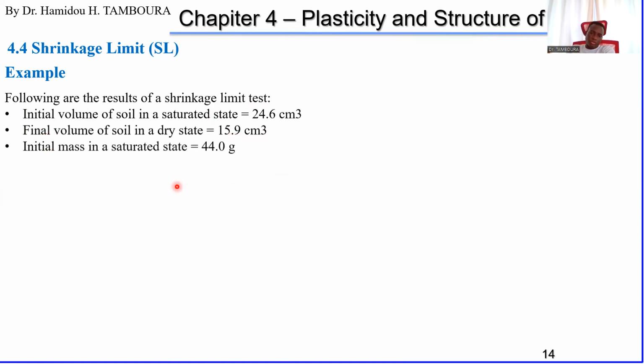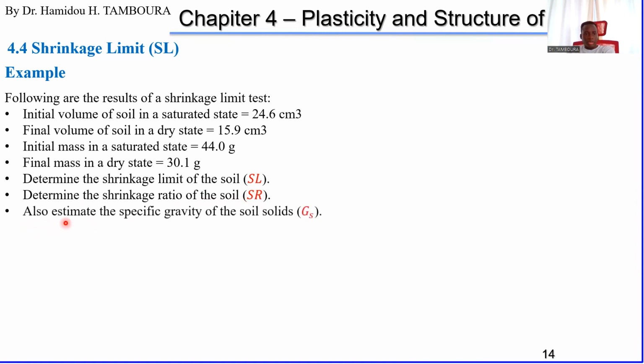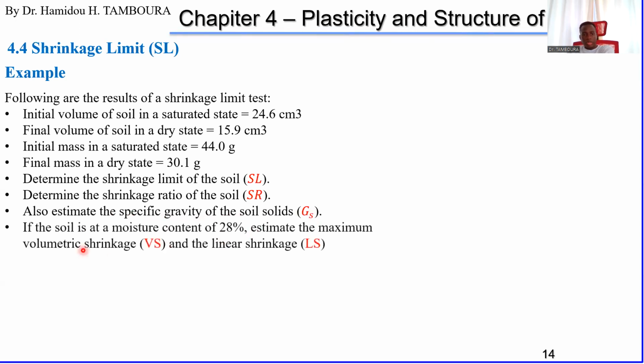Initial mass, 44 grams. Final mass, the dry state, 30.1 grams. We are asked to determine the shrinkage limit of the soil, SL. After that, determine the shrinkage ratio of the soil, SR. And after that, determine the specific gravity of the soil.